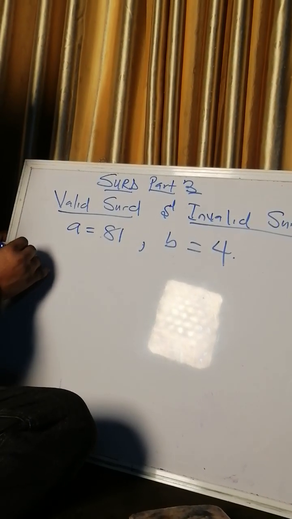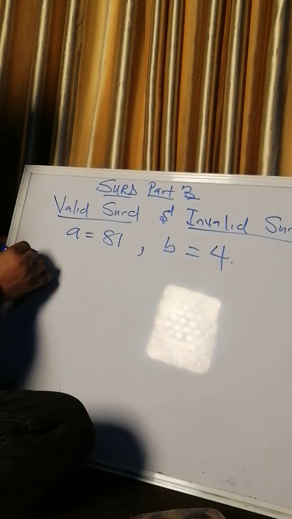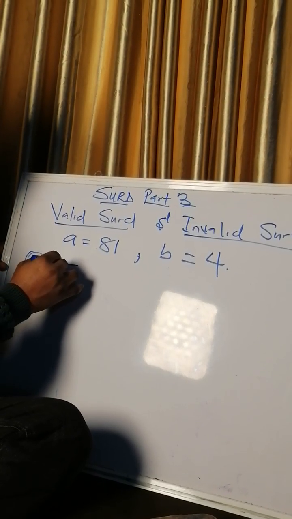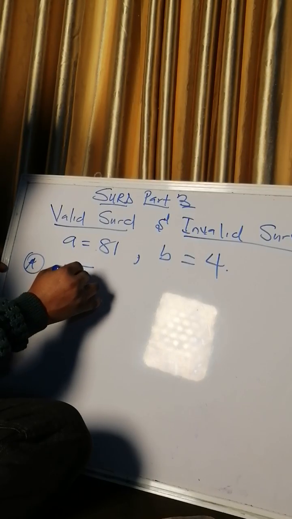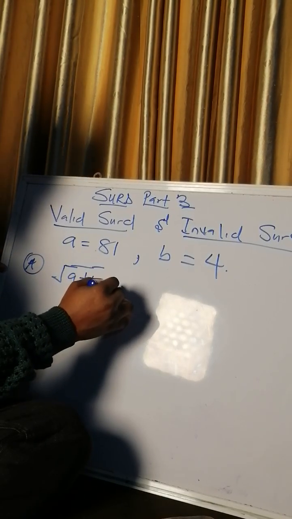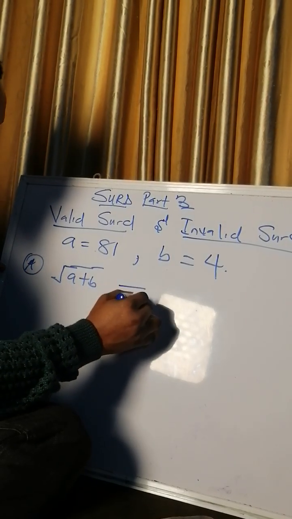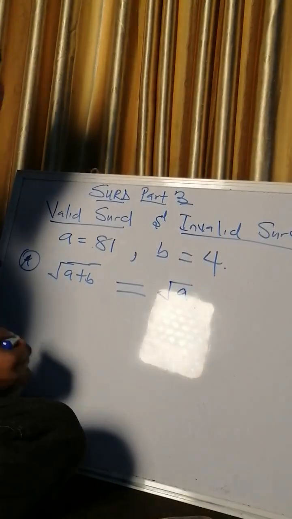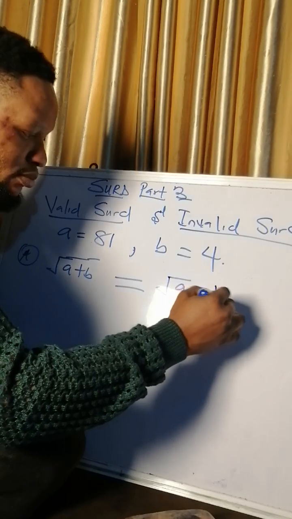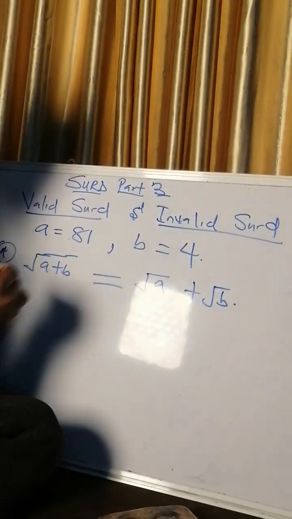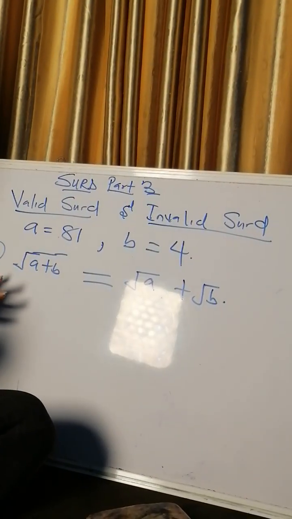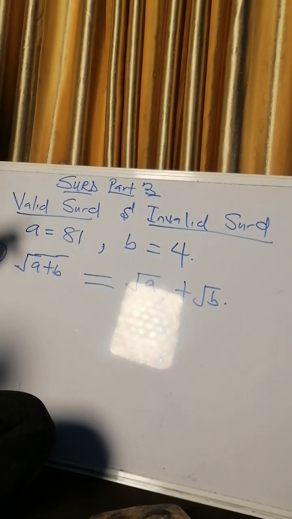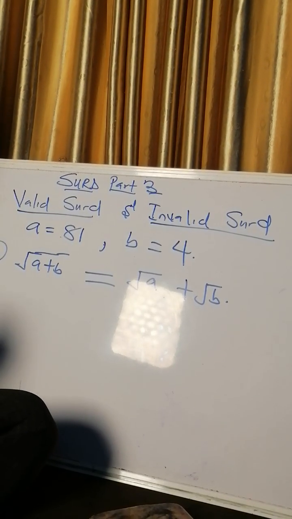For instance, example A: we have A plus B, is it equal to square root of A plus square root of B? So we want to confirm the validity. If it is not equal, then it means it's invalid. If it is equal, then it means it's valid.